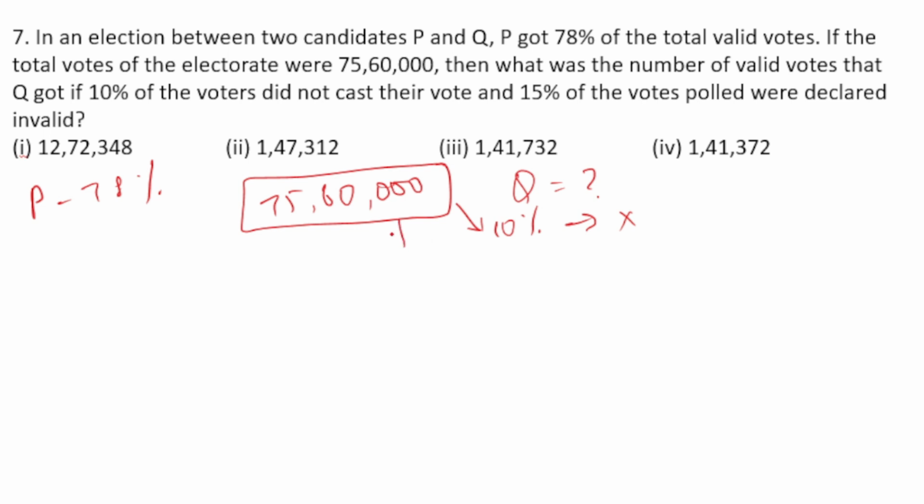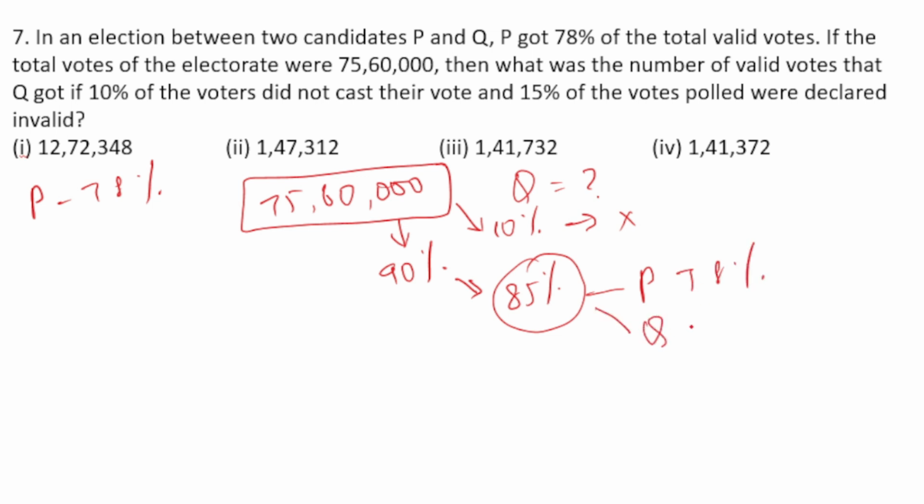Okay. So here 90% of this 75,60,000 cast their votes. And from this 90%, 15% were declared invalid. So the remaining percentage of votes that are valid is 85%. Okay. From this 85%, P got 78% and Q got how much? Q got 100 minus 78. It is 22%.